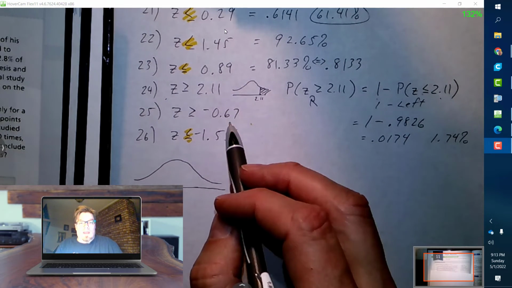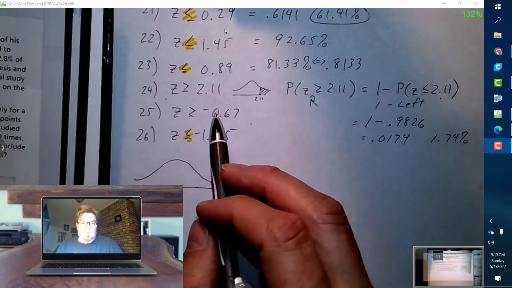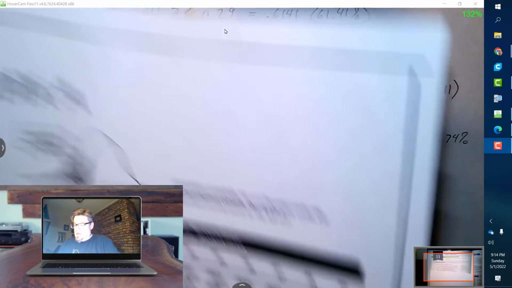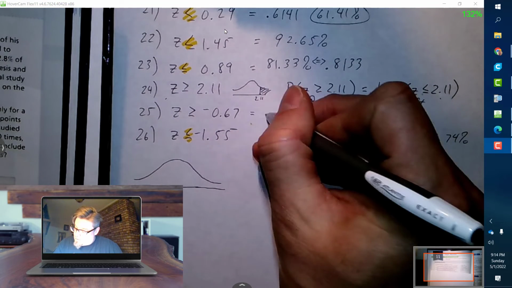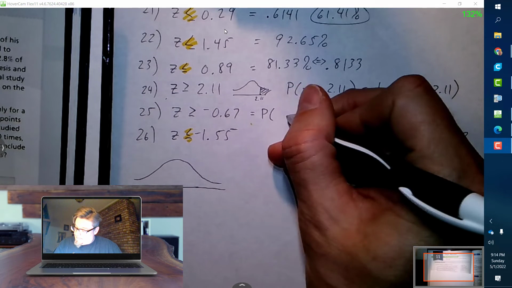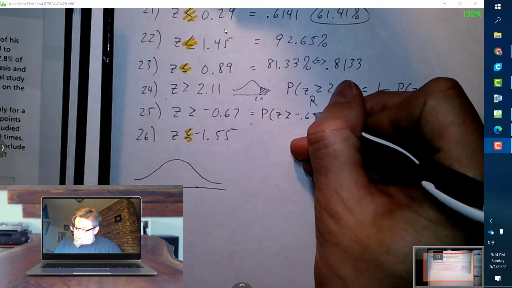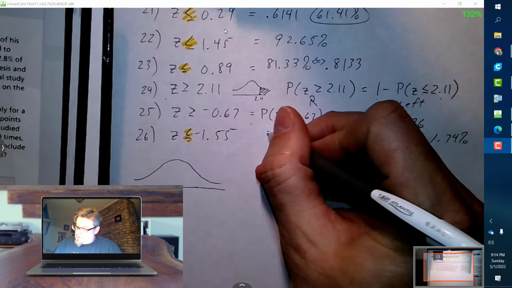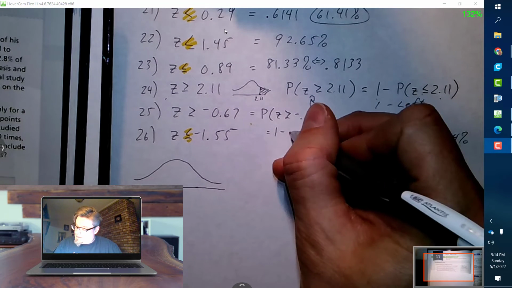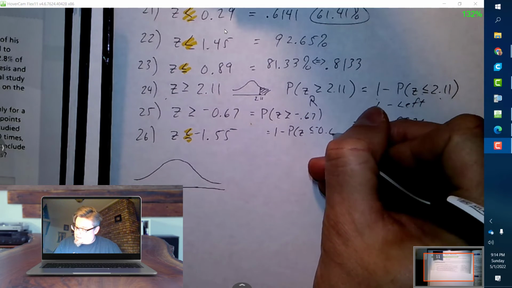Okay, so now we have a left table, but this is asking for something to the right. So now we go to the negative. We're going to go ahead and do this by putting the probability of z greater than negative 0.67 equals 1 minus the probability of z being less than negative 0.67.